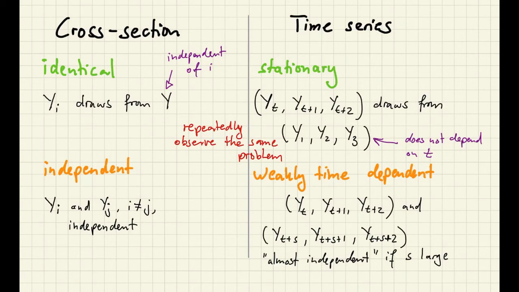Weak time dependence means that we can observe this segment, and then if enough time passes, we can observe another segment, and what we will observe for this segment will not be pinned down by our observation of the first segment. So that means if we wait long enough, then new information will arrive. So both of these assumptions make sure that more observations also provide us with more information.